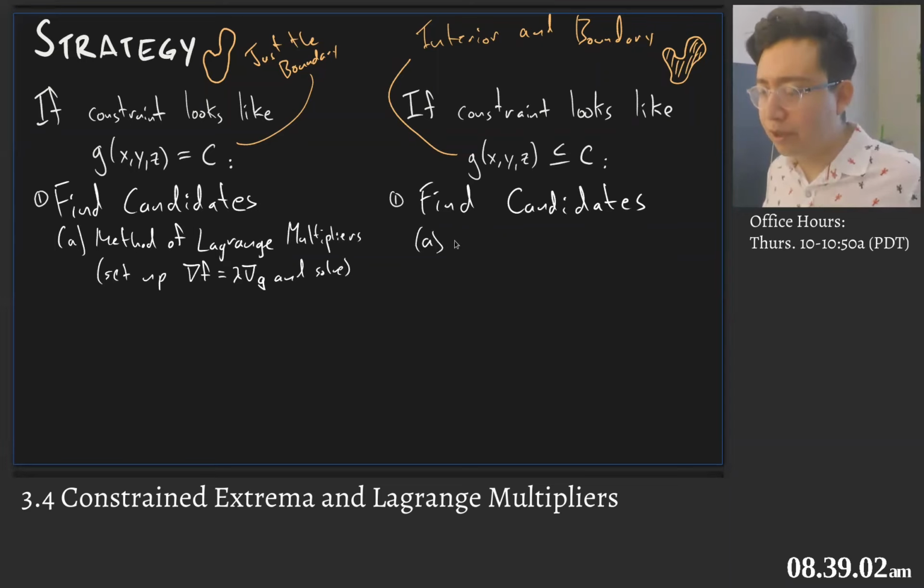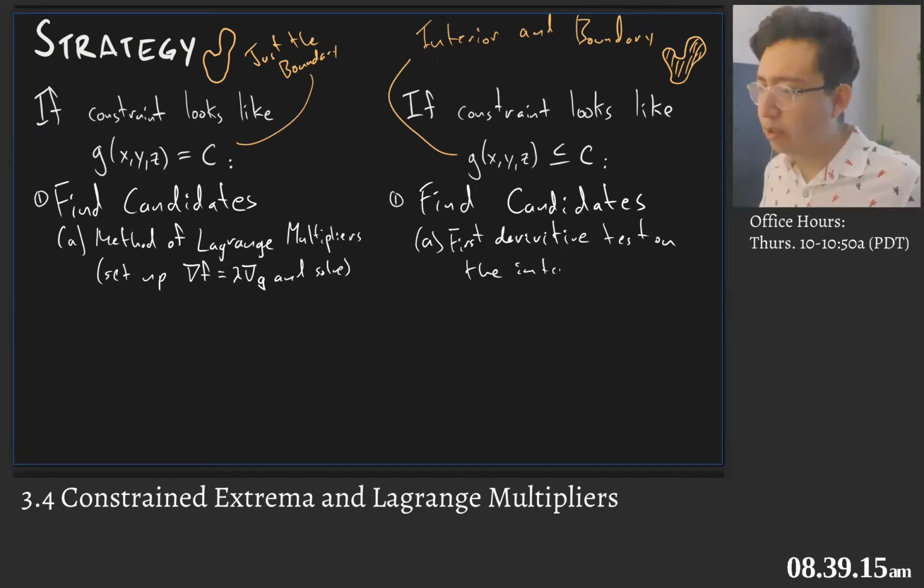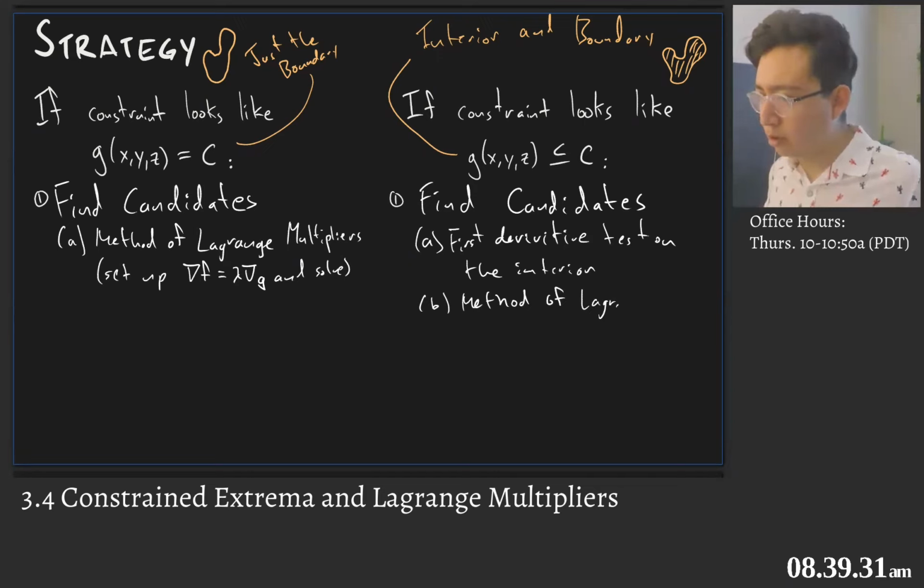Over here, for this one, it's going to be a little different. You're going to use the first derivative test on the interior, and then you're going to use the method of Lagrange multipliers for the boundary.